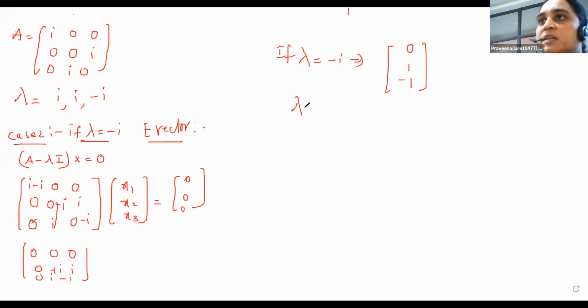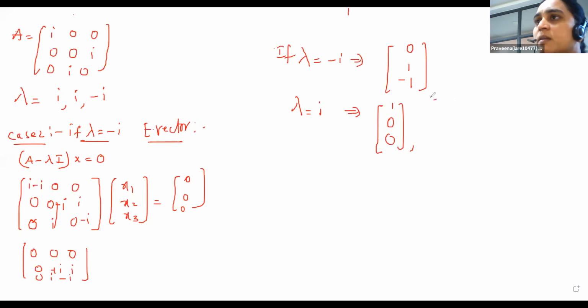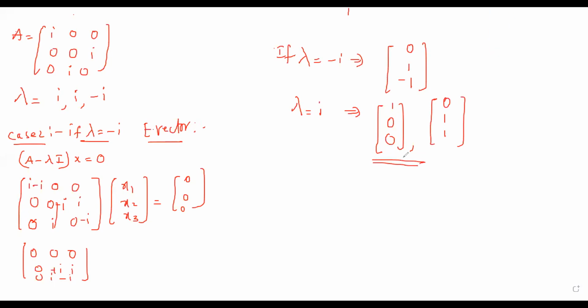And if lambda is equal to I, for that case we got two eigenvectors. Tell me the first one: 1 0 0. And the second one: 0 1 1. Okay, this is the answer for the last question, right?